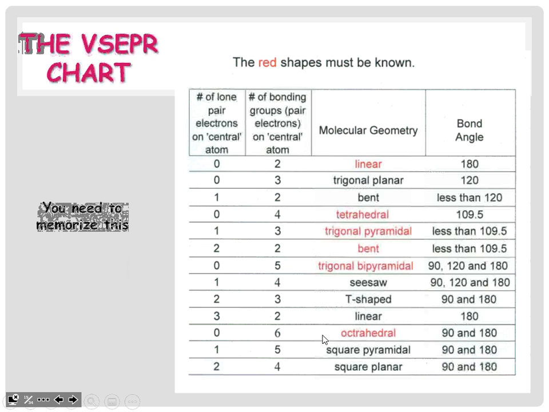Here's that chart I was just talking about, and it has lone pair of electrons, bonding pair, and I believe I told you in the video to highlight the ones that were red, didn't I? Okay. So those are the most common molecular geometries that we will see.